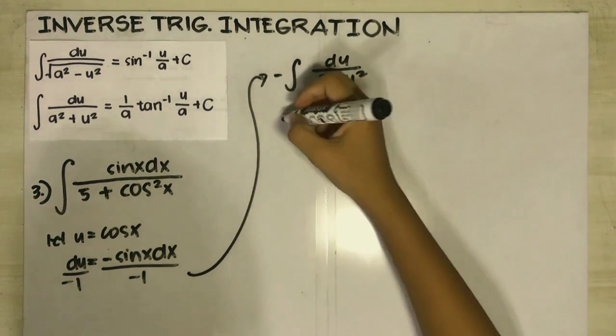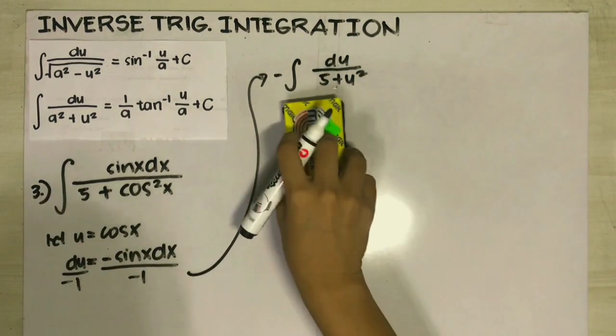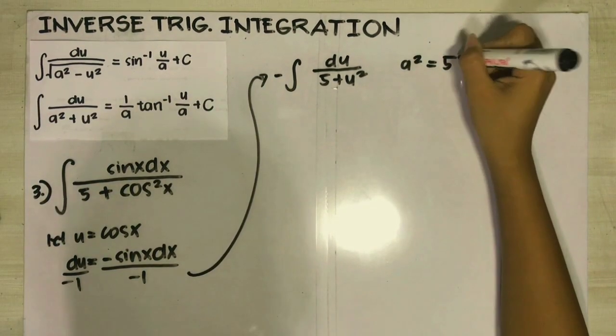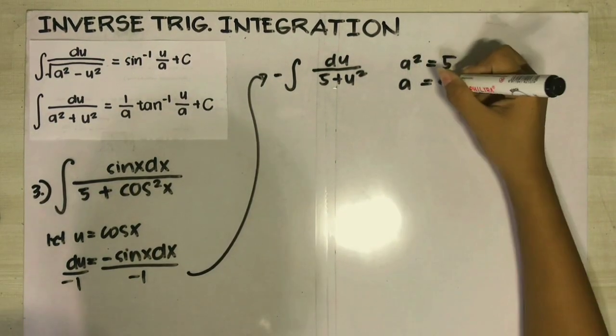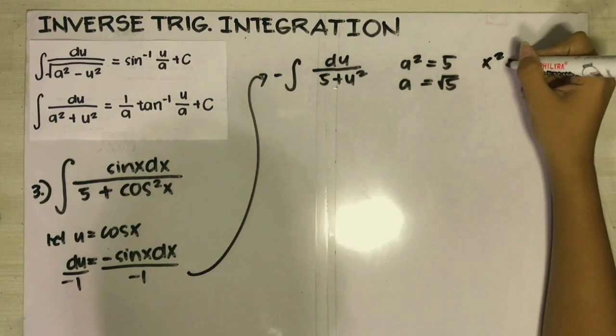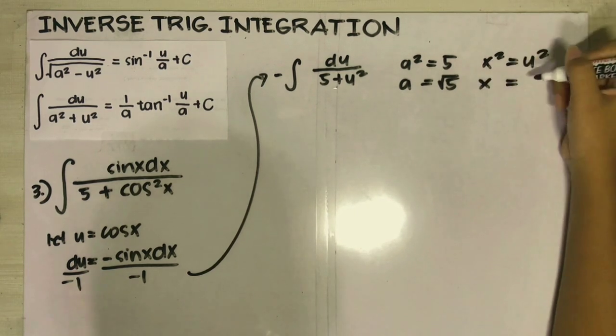And now, we can use the step of getting the values: a squared is equal to 5 and a is equal to the square root of 5. So our x squared is u squared, and our x is equal to u.